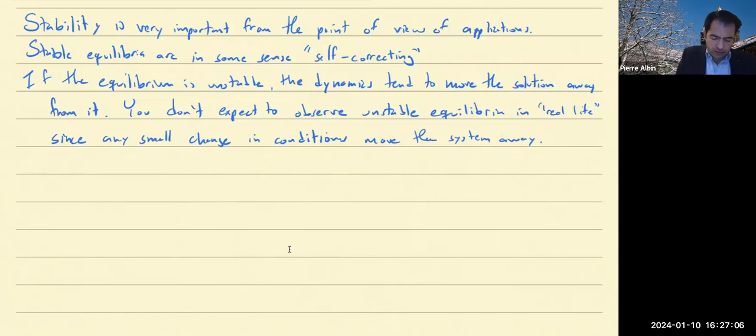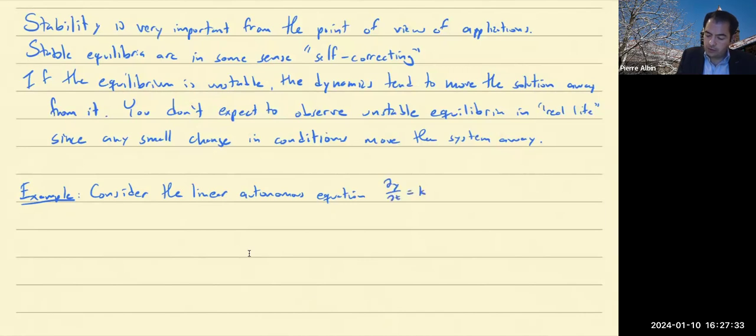Okay, let's consider a very simple example, in some sense the easiest autonomous equation that's not trivial. Consider the linear autonomous equation, right? dy by dt is equal to some constant times y, right?